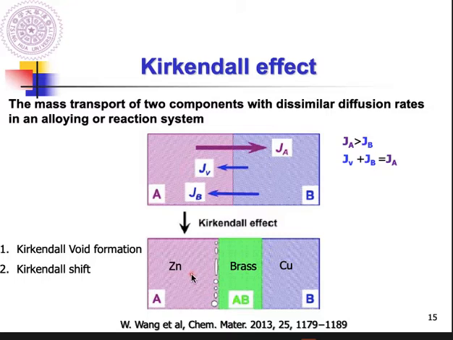So in this case, for example, some people make a diffusion couple of zinc and copper, and you heat this diffusion couple up to a high temperature, which allows the interdiffusion to happen. After a certain time period, you can observe the void form at the zinc side, and the marker, the interface, has moved to the zinc side as well.